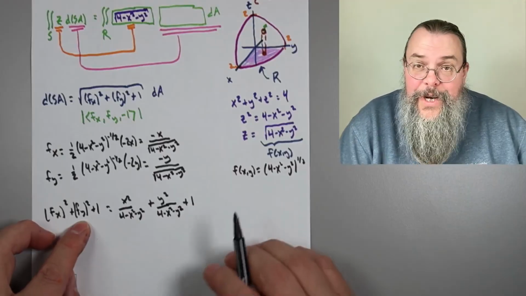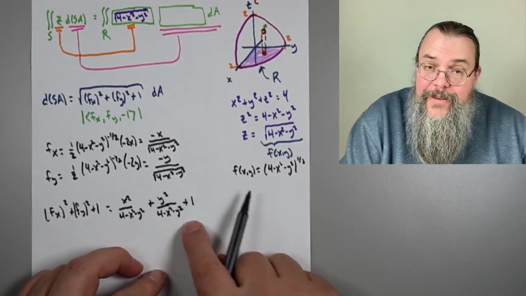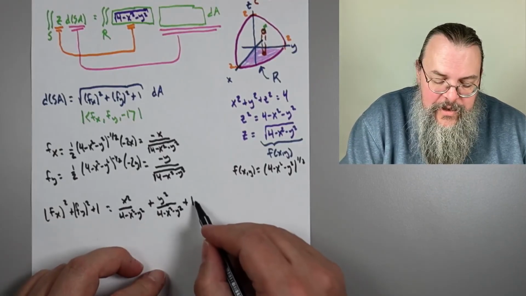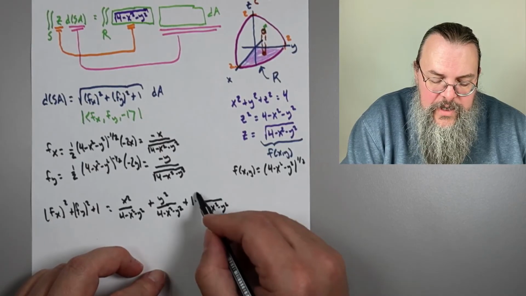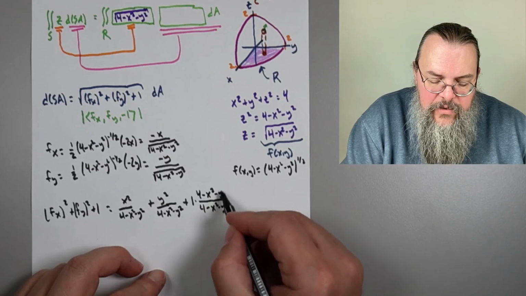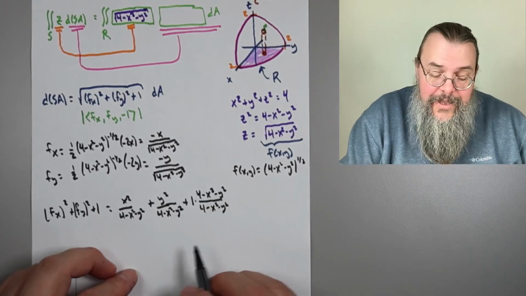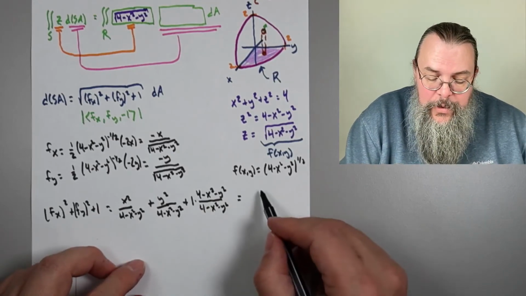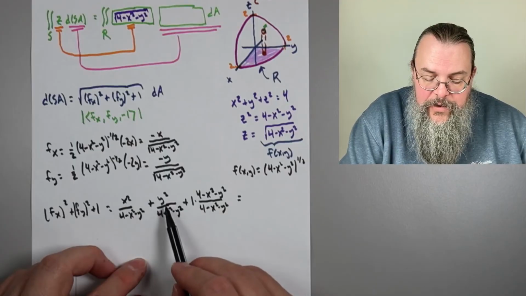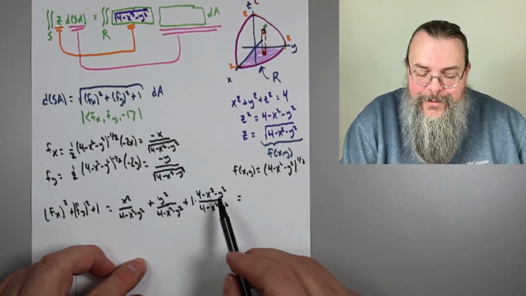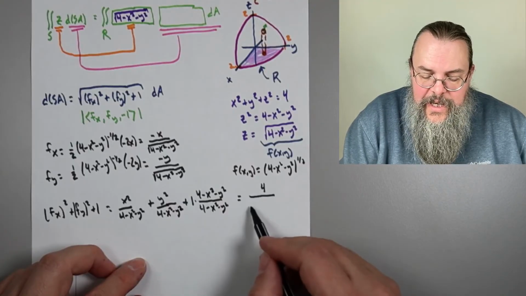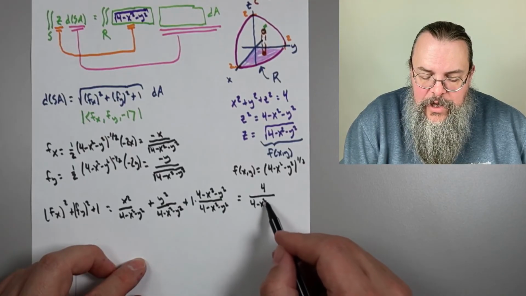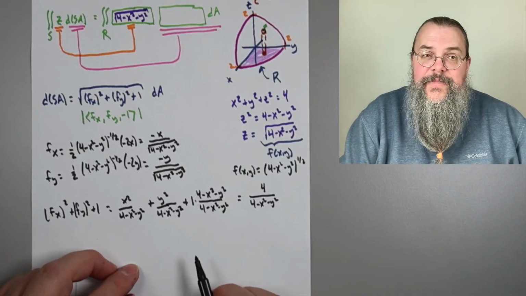Now, if we wanted, we could add these together with a common denominator. So here we'll multiply by 4 minus x squared minus y squared, and when you add these all up, we end up with x squared plus y squared plus 4 minus x squared minus y squared, which means we have a 4 on the top and a 4 minus x squared minus y squared on the bottom.